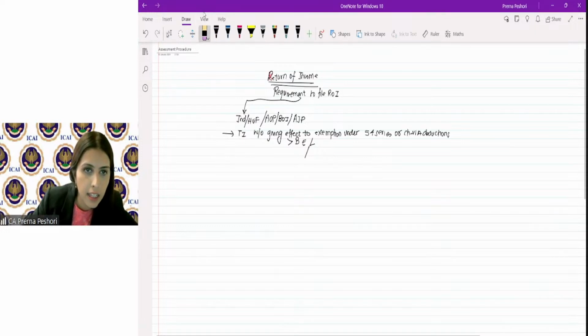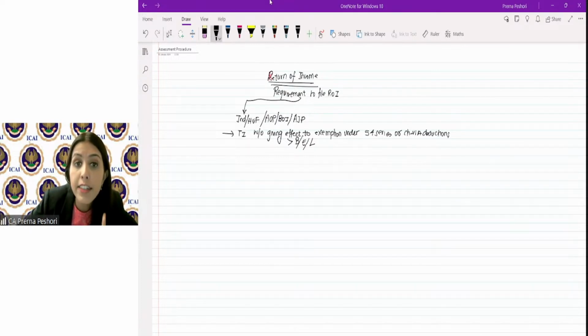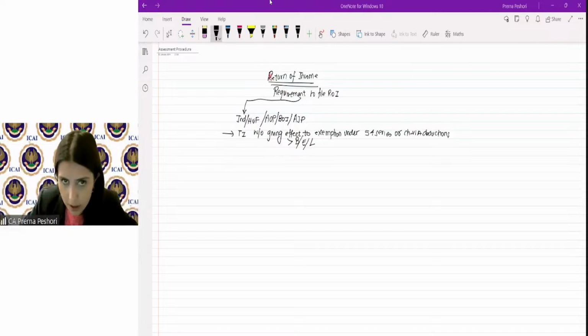Secondly, in case of individuals, if the individual is a beneficial owner of an asset and is a resident ROR, not RNOR.